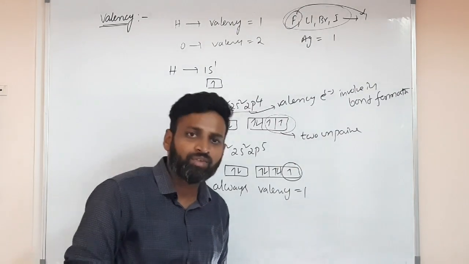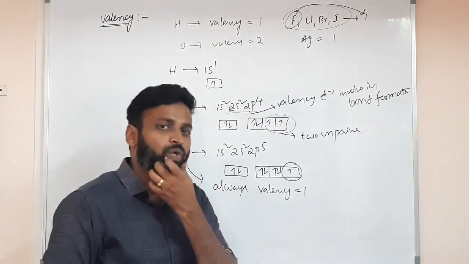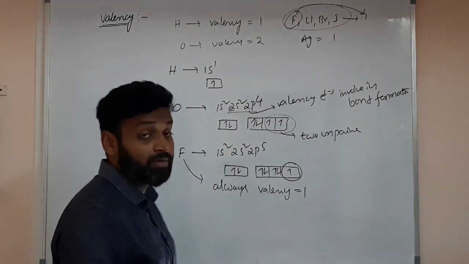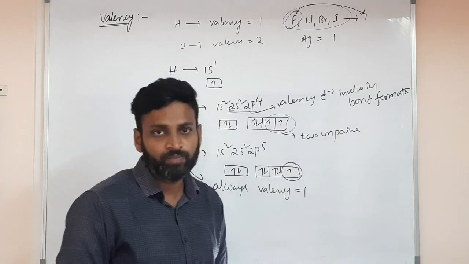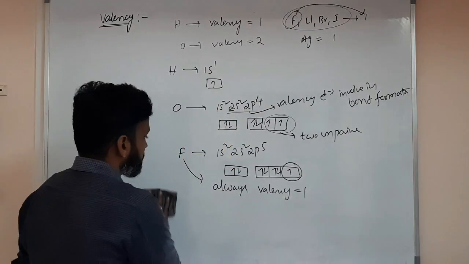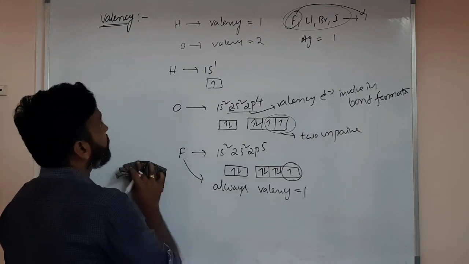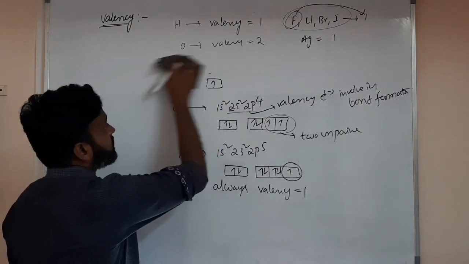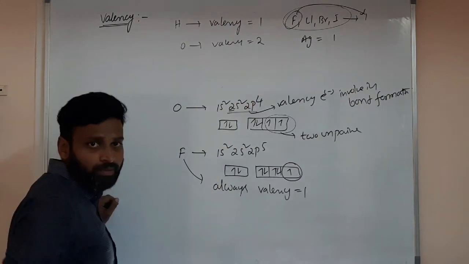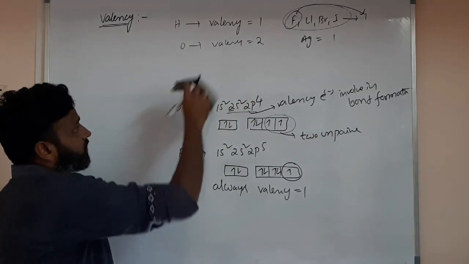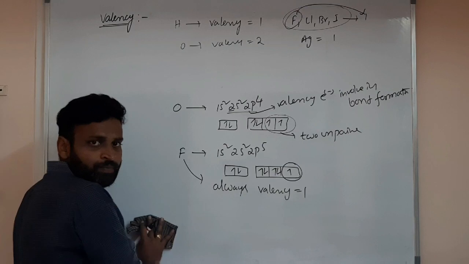Why like that? Everything in each and every group, this halogen family, you have in second year also, and there we will discuss. So these are about what we call valency. Hydrogen is always fixed. What is the valency? 1. Please note it down. Oxygen 2.